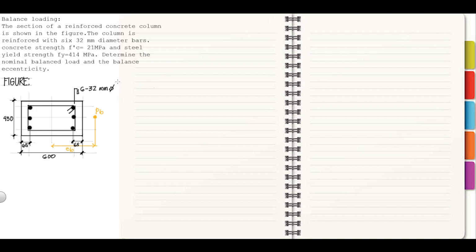So that is the balance design, di ba? Sabay na mag-yield ang concrete at yung steel. The principle is the same here in the column.